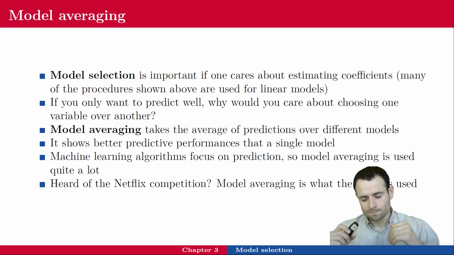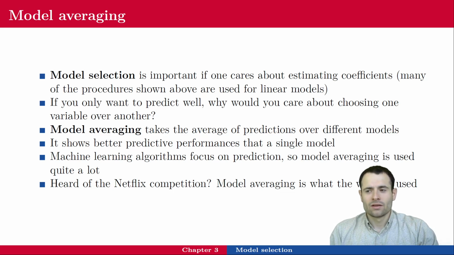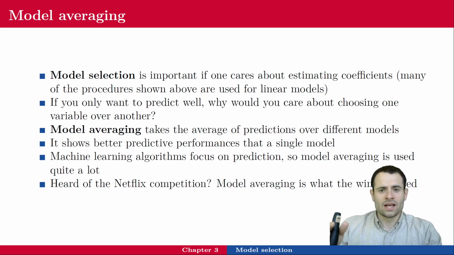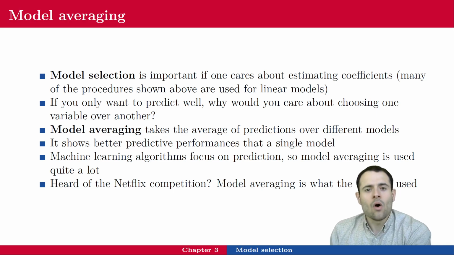Netflix provided people with a training data set with movies, ratings, and so on. And they provided them a test data set with only the X's. And they said, here is your training data set.